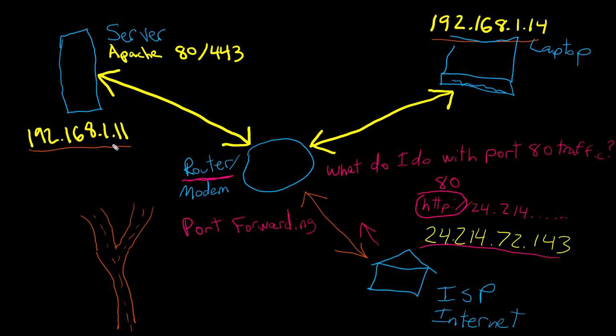You have a direct pipeline to that IP address. It doesn't have to worry about it because it just says any request for this address, just send it right through. But whenever we're talking about coming in from outside from our public IP address, it doesn't know where port 80 should go because you have all these computers as potential candidates to receive the traffic on port 80.